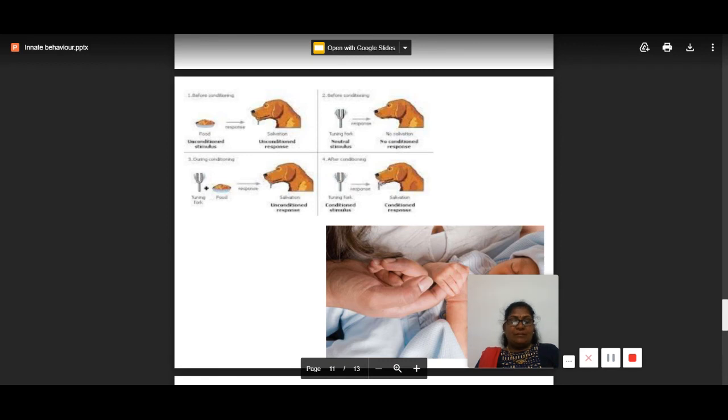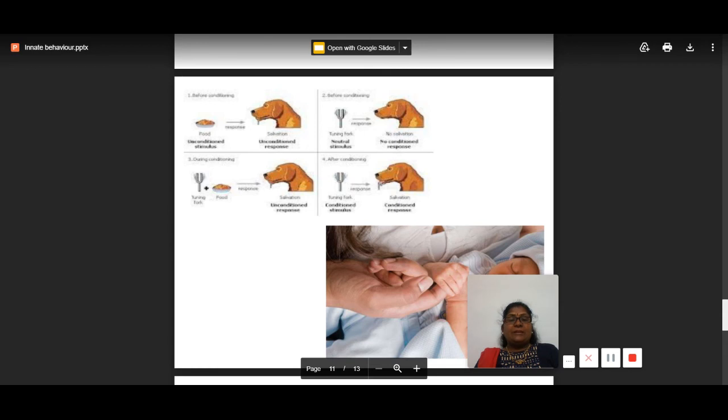But eventually they would respond with drool when the bell was rung, even when the unconditioned stimulus, the food, was absent. The food was not there.